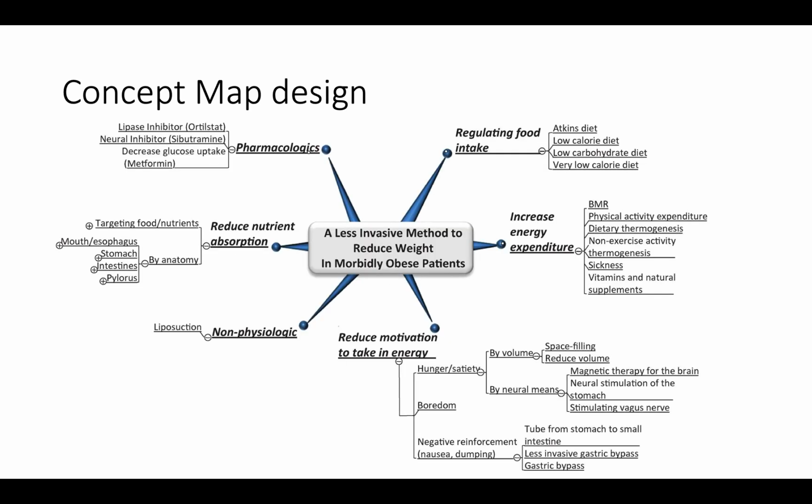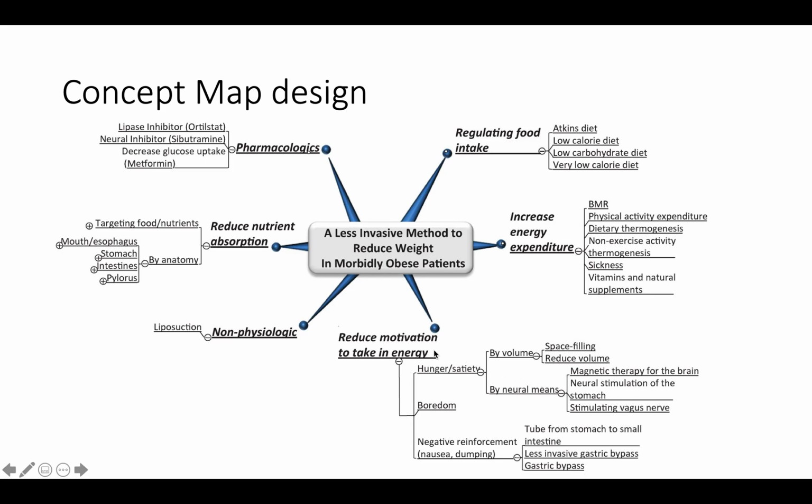So concept map design. Here's an example for a less invasive method to reduce weight in morbidly obese patients. So they grouped them in 6 different ways. One being regulating food intake, so diet. Increasing energy expenditure, so some sort of exercise. Reducing motivation to take in energy, so targeting hunger, boredom, negative reinforcement.